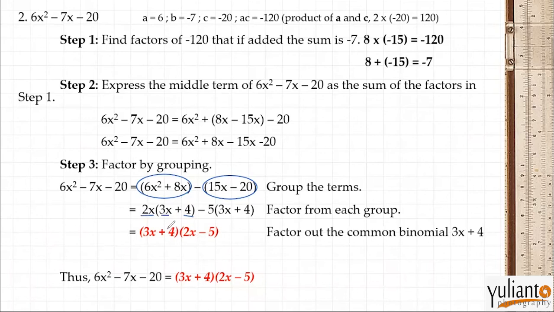Now if we're going to check it by checking 2x times 3x is 6x squared, and then 2x multiplied by 4, that's why we have 8x. All right, next one is in here we get the GCF for 15x minus 20, and their common factor is 5. All right, as you can see, 5, and then leaving inside 3x plus 4.